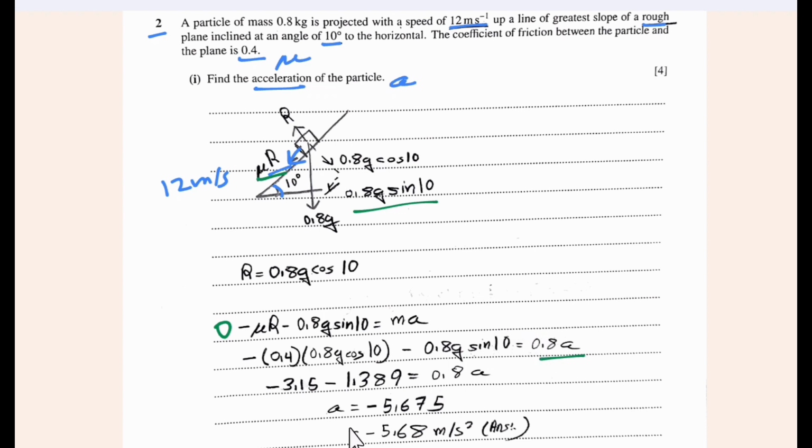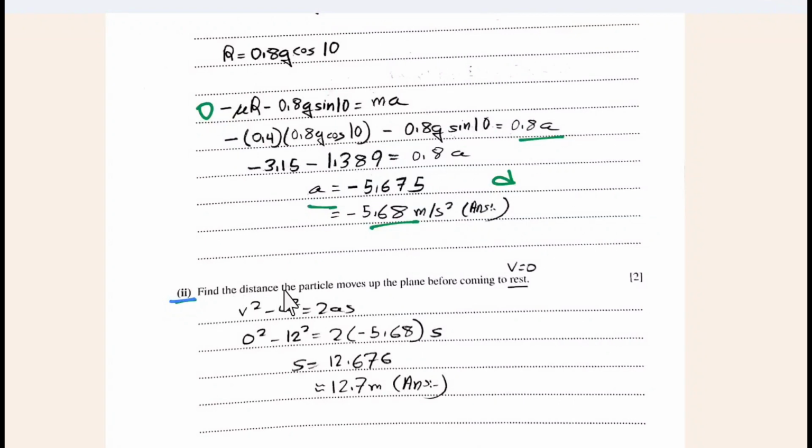We equate this to find the acceleration, that is negative 5.675. Since the value is negative, it is a deceleration, so negative 5.68 correct to 3 significant figures.